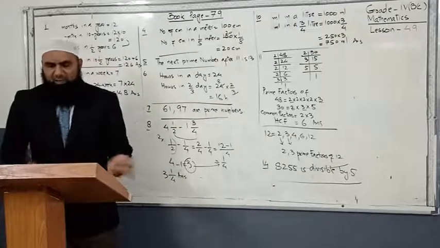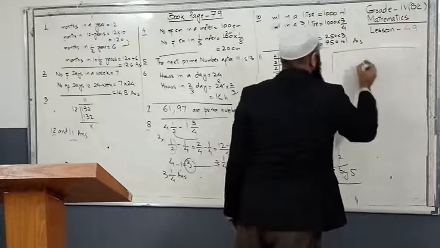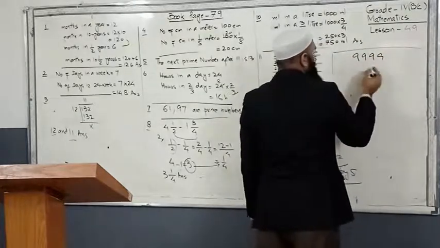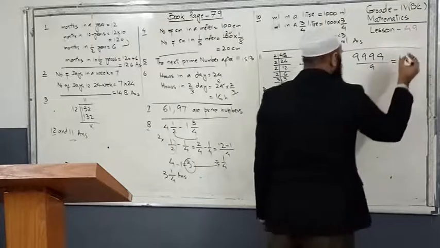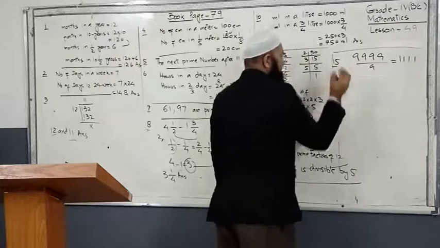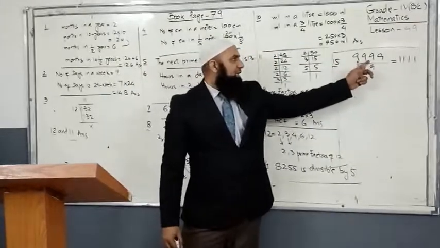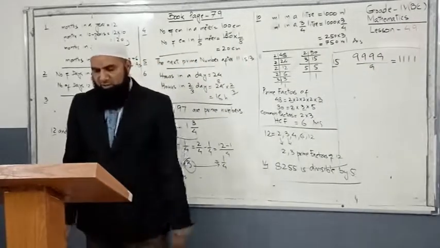But in this case, we can simply write the 4-digit number 9999, which is easily divisible by 9, and the answer will be 1111. This was the 4-digit number divisible by 9.